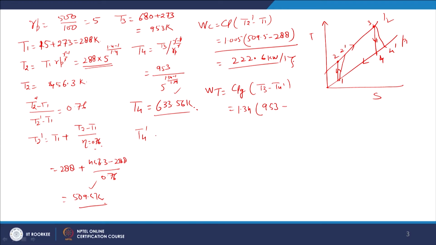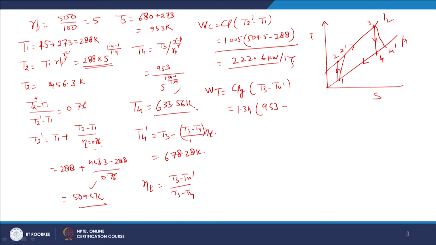T4 dash is equal to T3 minus the efficiency times (T3 minus T4), which gives 678.28 Kelvin. For this formula we have taken the efficiency of the turbine as (T3 minus T4 dash) divided by (T3 minus T4).